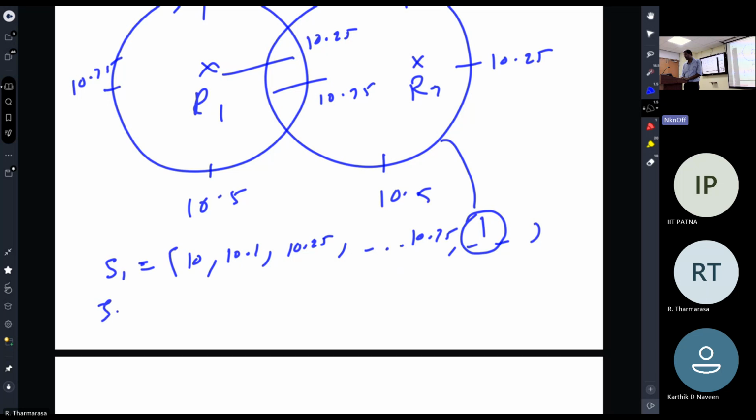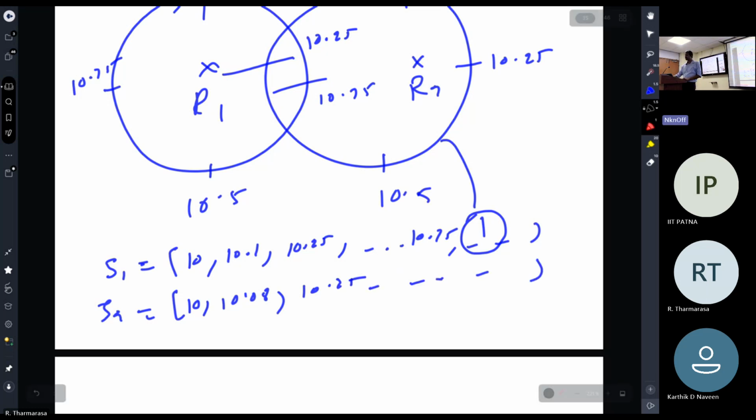Then sensor 2 has again some 10, 10.08, 10.25, and so on. Right? So this is one frame. For us, it's a whole frame in the rotating radar.